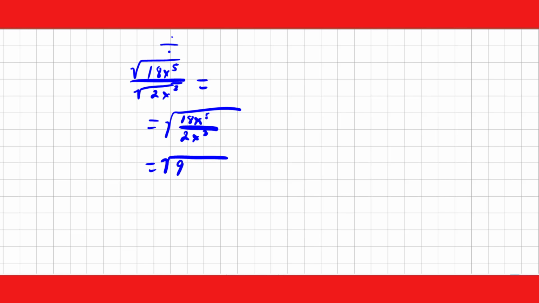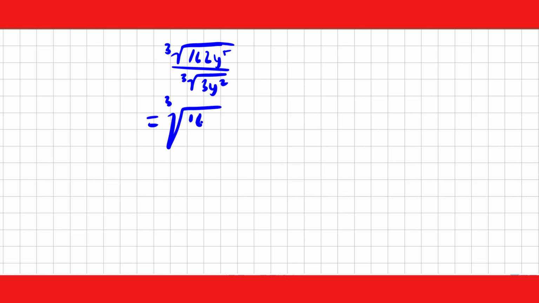And then x to the fifth divided by x to the third, I'm simply going to subtract my exponents. 5 minus 3, that's going to give me x squared. Now, I can simplify that. The square root of 9 is 3, and the square root of x squared is x. So here in simplest form, I've divided, and I've gotten 3x.